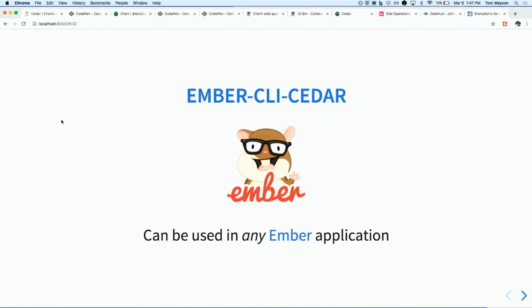Because the hub is built in Ember, we have an Ember add-on, a wrapper for Cedar that helps you integrate it into any Ember application. So if you're using Ember, this will help. Beyond that, there really isn't anything you need to do to get it into any other framework.